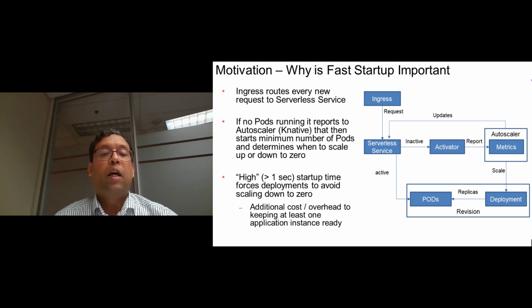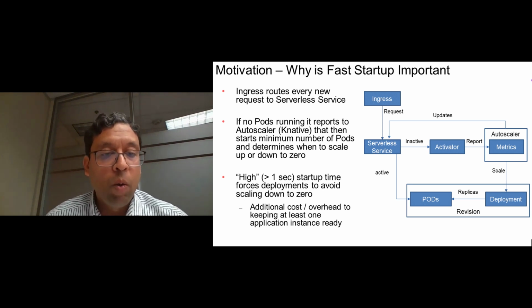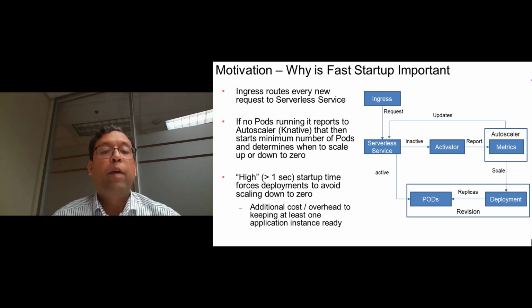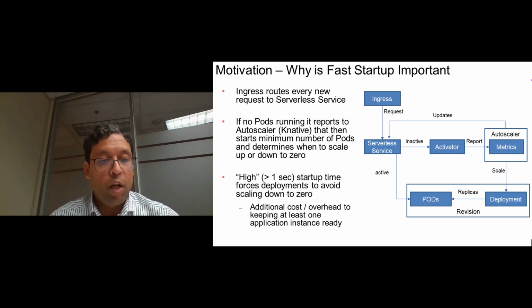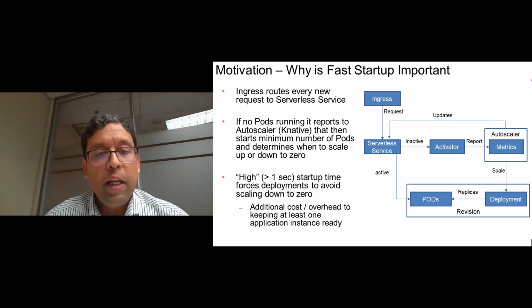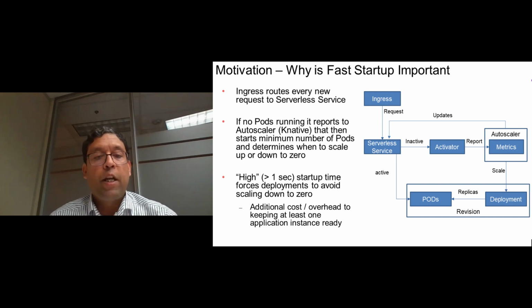And that's where the rest of this talk will go. This is the motivation for why we chose to improve the startup time in Java frameworks using this instant on feature. So let's look at a typical workflow as a new request comes in to a serverless service.